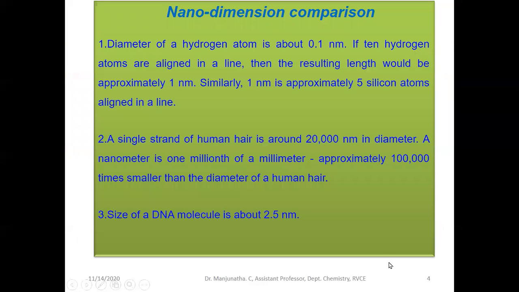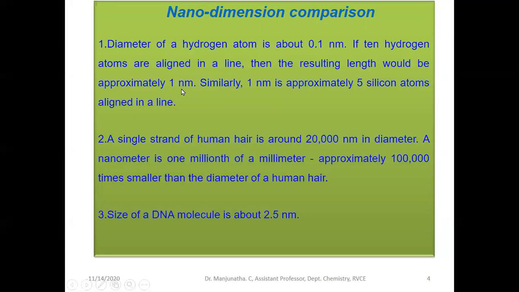So let us understand this nano dimension by taking some examples. Example 1: the hydrogen atom is the smallest atom among all the elements, and its size is about 0.1 nanometer, that is 1 angstrom. If you arrange about 10 hydrogen atoms in one line, the resulting length would be approximately 1 nanometer.